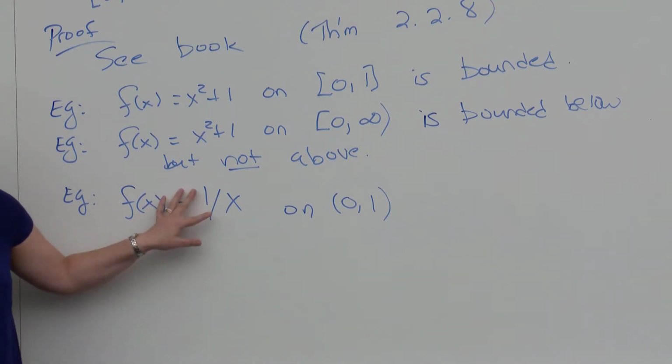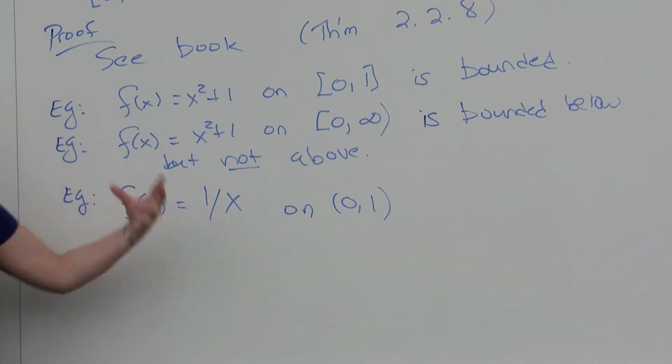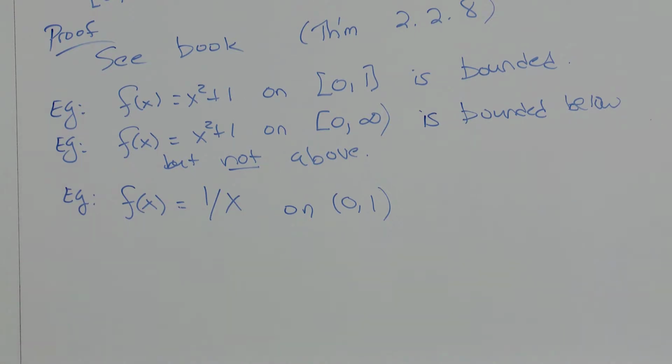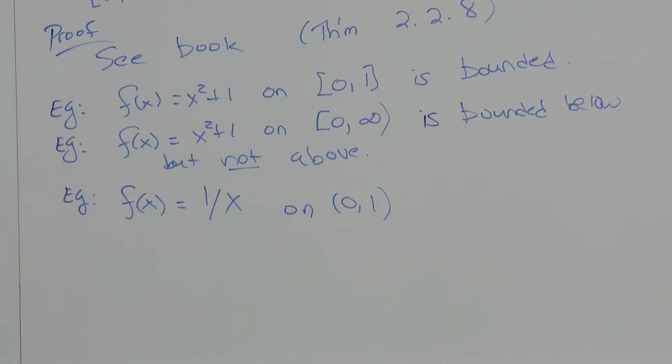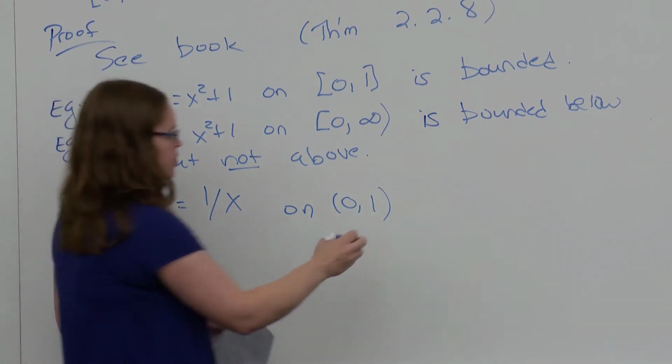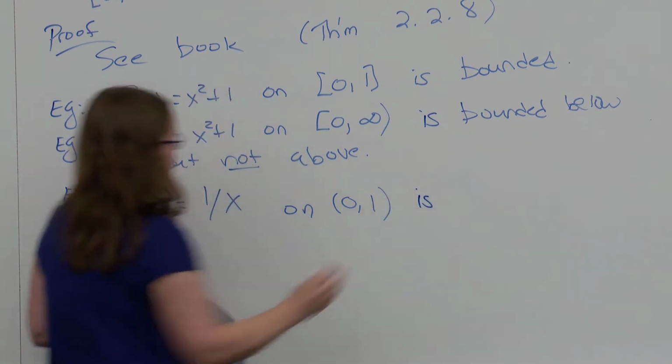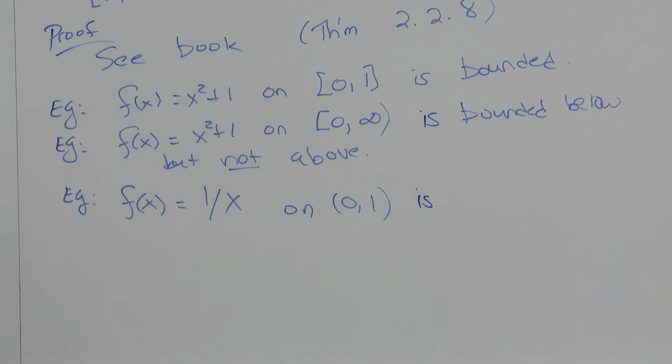Because this is just division of two continuous functions. Those are always continuous as long as we're not dividing by 0. So this is certainly continuous. This is certainly a finite interval. It's not a closed interval, and it's not being closed that breaks things. Because while this is continuous, arbitrarily close to x equals 0, we know things would break if we actually let ourselves get to x equals 0. Right? So this is not bounded.